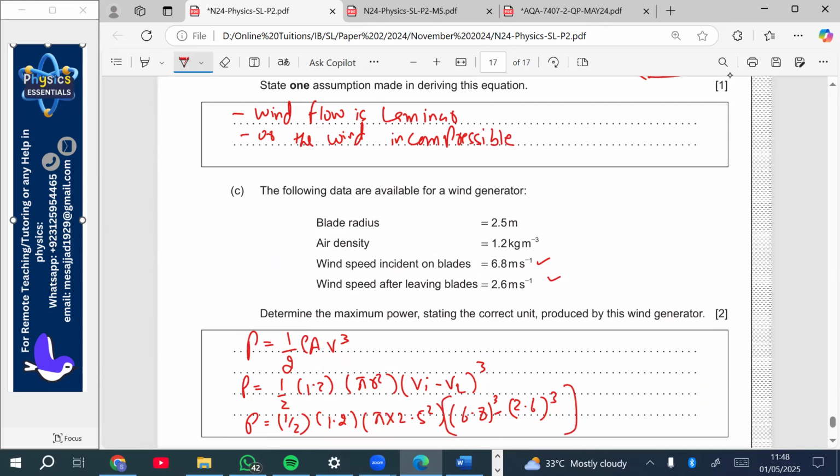So when we do the separate calculations, we do 0.5 into 1.2 into pi into 2.5 squared multiplied by 6.8 cubed minus 2.6 cubed, and the answer is about 3686 watts. Okay, so that is the end of your paper 2.